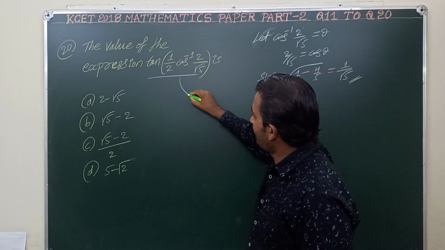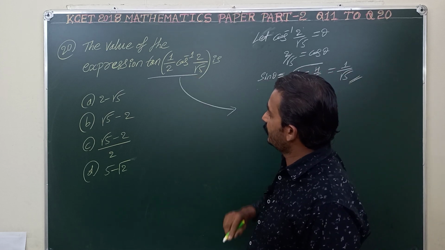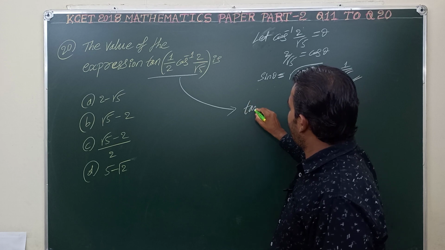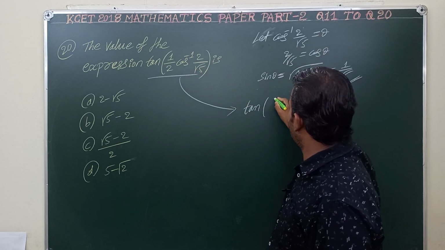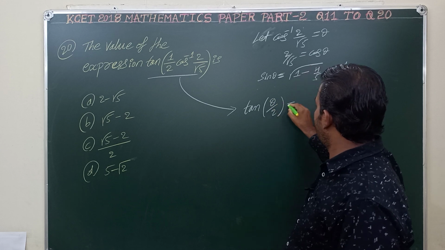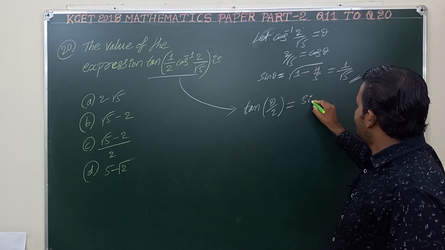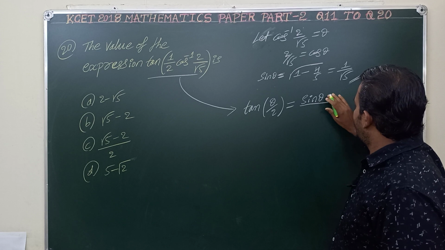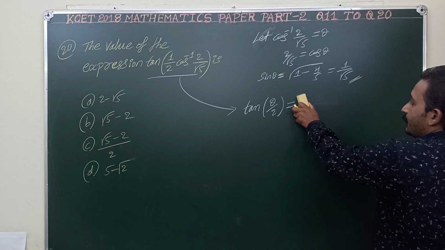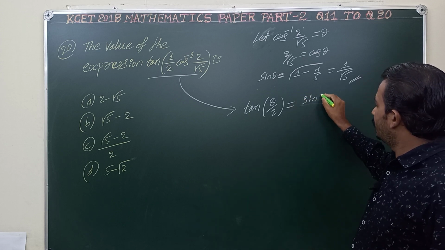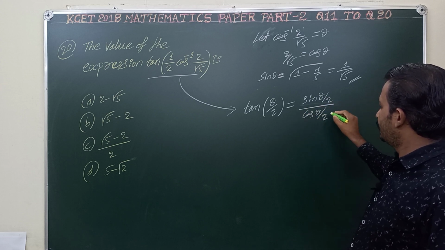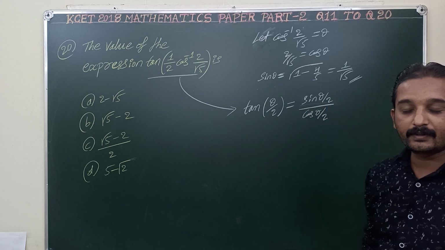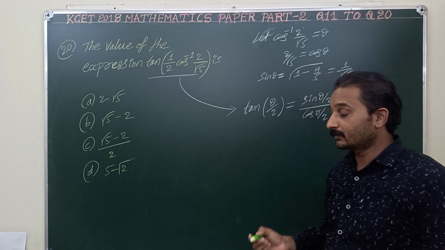So then find the value of this expression. Tan of this can be written as tan theta by 2. Tan theta by 2 can be written as sin theta by 2 divided by cos theta by 2. For convenience, multiply both numerator and denominator by 2 and also cos theta by 2.